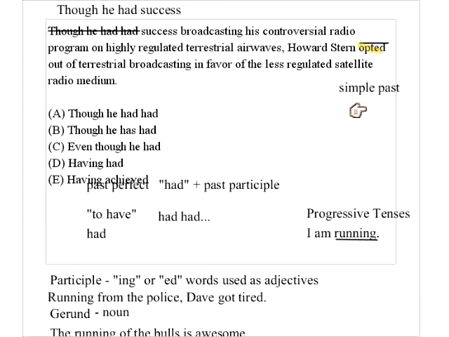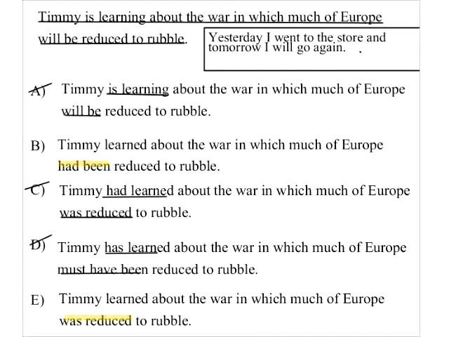And we need to know, because the whole point we're trying to make, particularly with this though, is: even though back in the day he had this success, later on he chose to leave. In this sentence, there's no confusion about the time issue between these two. And so the rule that ends up trumping is the rule that we prefer consistency.